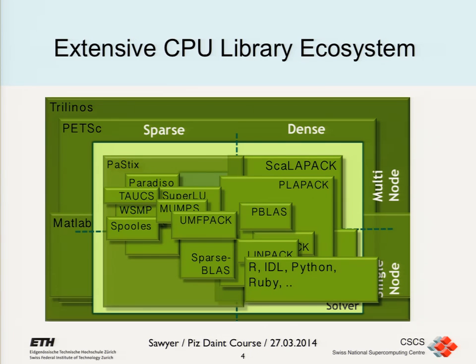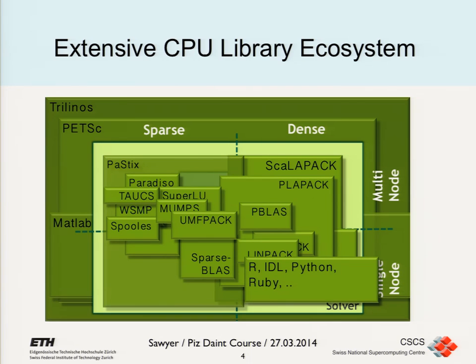And things over here, IDL, Python, things for simple workflows. Then over here, there's something called the sparse BLAS. Then for multi-node, you've got things like PLAPACK and ScaLAPACK. I assume you know what those are.